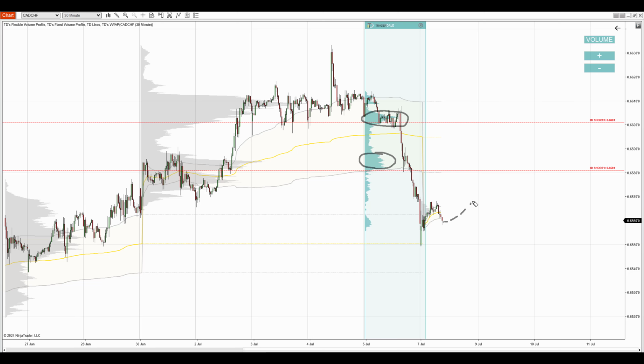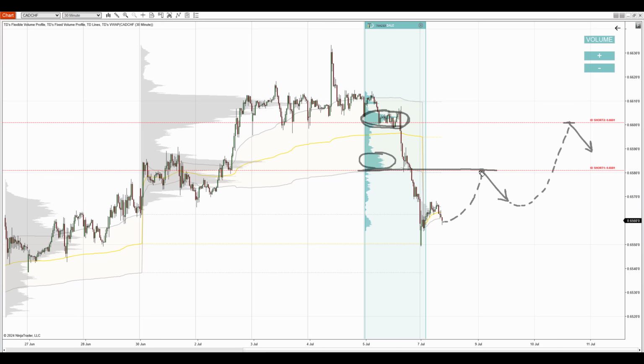So if there is a pullback like this to the beginning of the first heavy volume zone, chances are that there'll be a reaction. An ideal case scenario would be another pullback to this place, where there's likely to be a reaction as well, from those sellers who are active in here.